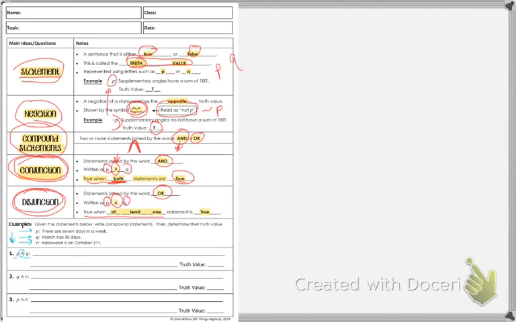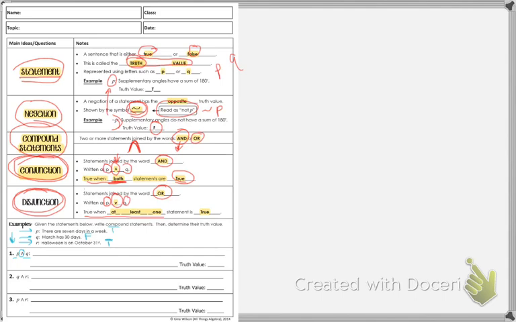So I'm going to read the first sentence. There are 7 days in a week. True. March has 30 days. False. Halloween is on October 31st. True.